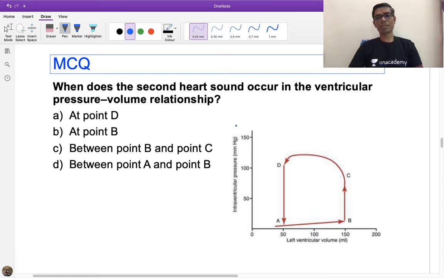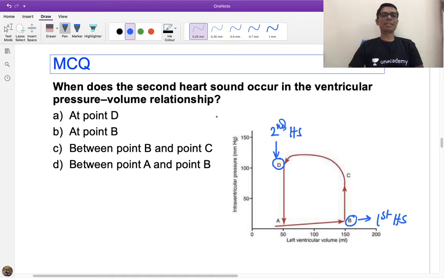I'm waiting. I told you that this is point number A. Yes, very good. So this is the point which is the second heart sound, and this is the point which is the first heart sound. So point D. Very good.